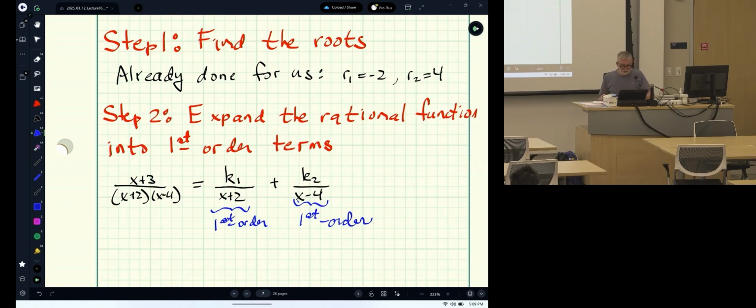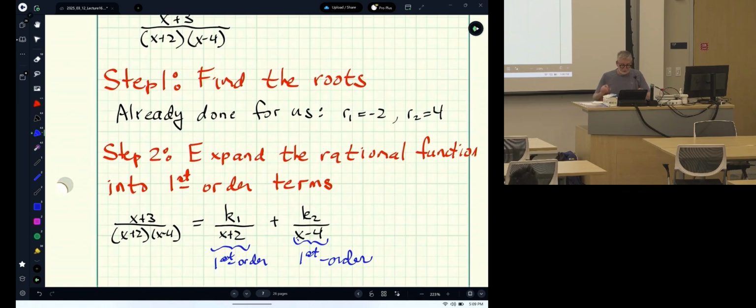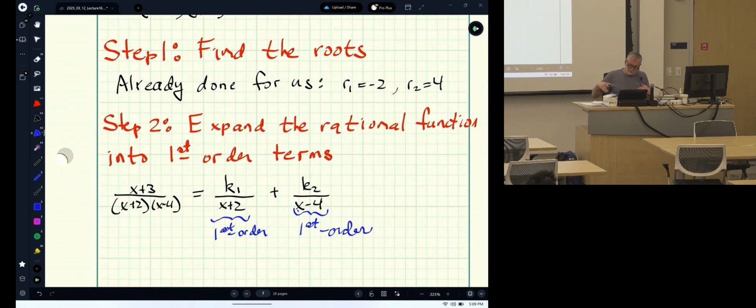And if our polynomial had complex roots, you can still do the same thing, but we're going to keep it with just real numbers for now.